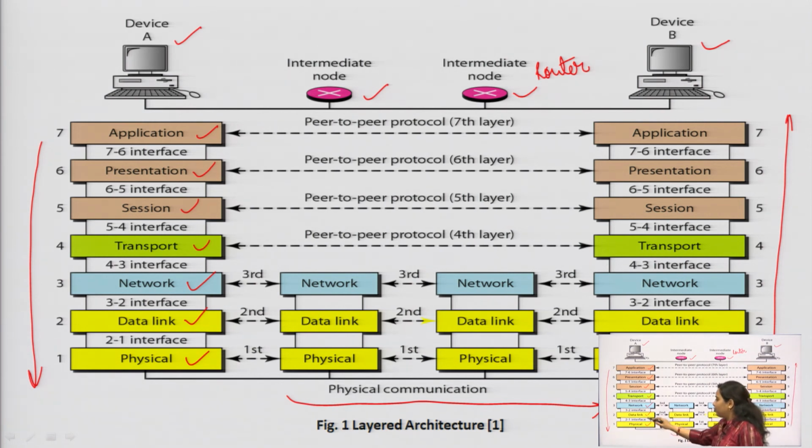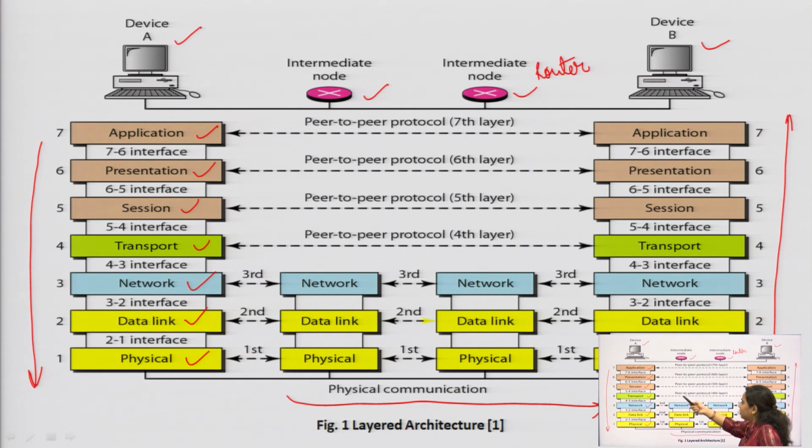In between the two layers, wherever you can see there is a 2-1 interface, 3-2 interface, 4-3 interface, means there is an interface or the connection has to be set up between any two layers. This is a peer to peer protocol, means directly from transport layer, 4th layer to 4th layer, the communication will take place in session layer, presentation and application.